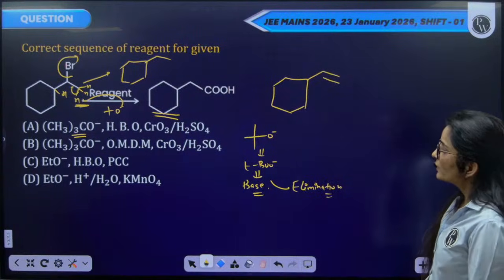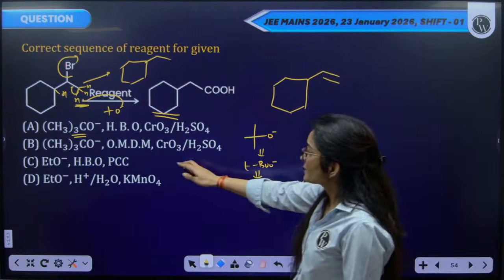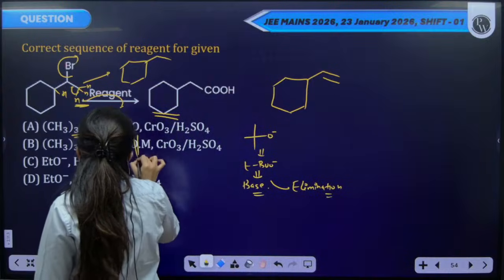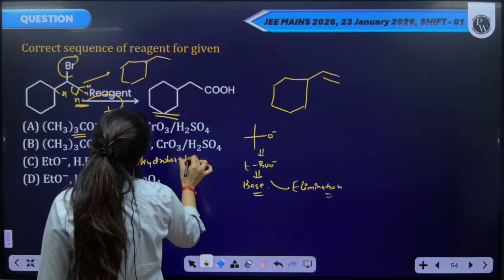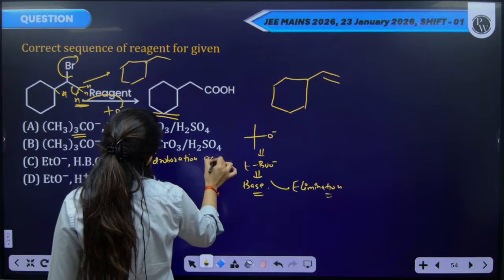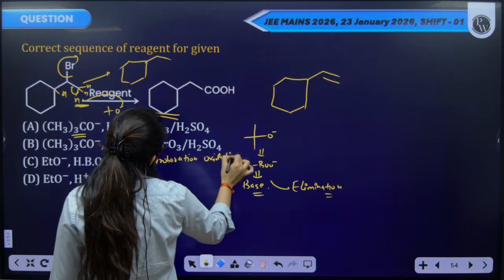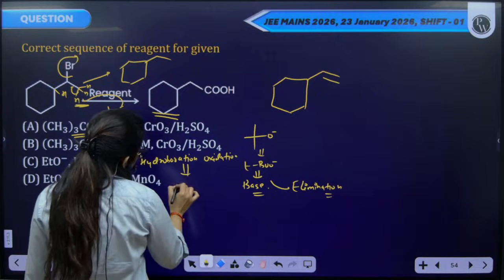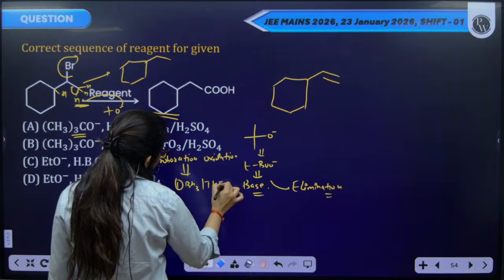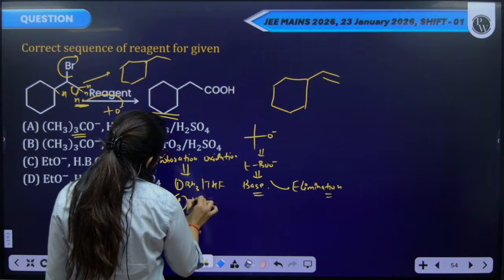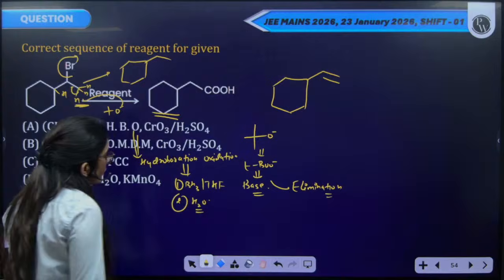Further, if I take HBO, HBO is basically hydroboration oxidation. So what reagent do we take over here? In the first step, we take BH3 over THF, and in the second step, we add H2O2.